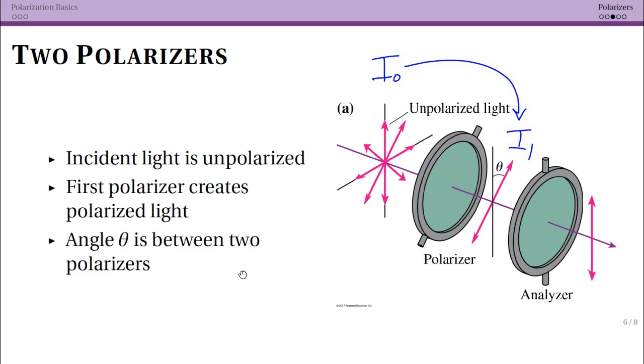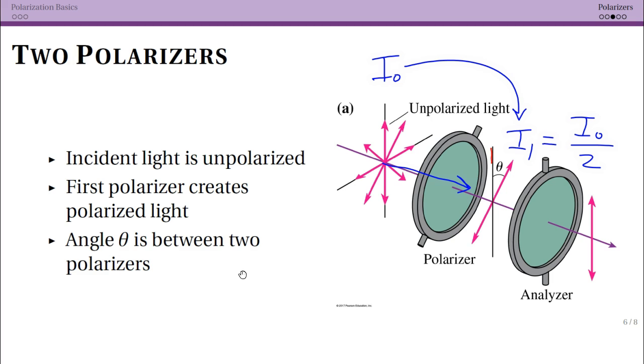Now, it would be a mistake to try to use cosine squared of theta because initially our light was unpolarized. Effectively what you do is do kind of an integral over all of the possible angles, but you can kind of say on average it's a 45-degree angle, and so your intensity after passing unpolarized light through is actually I0 over 2. So that's something to just kind of know.